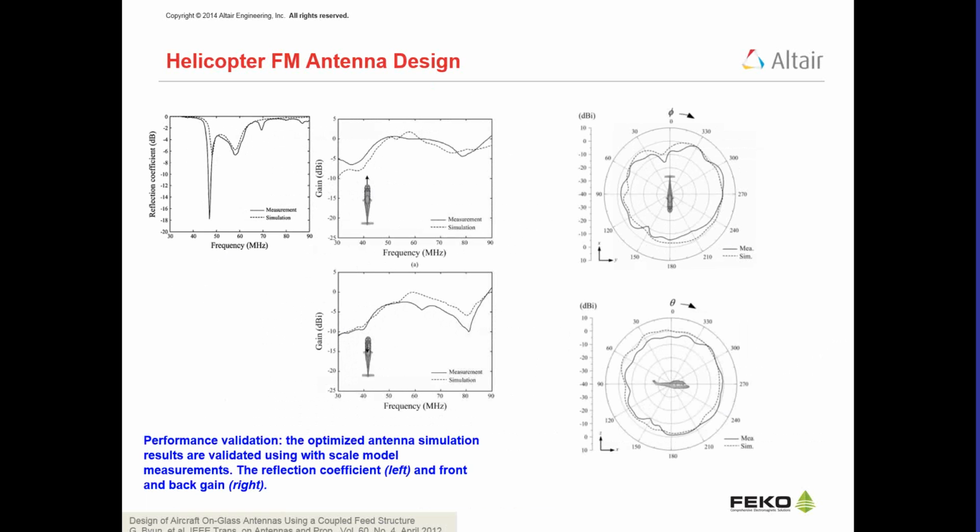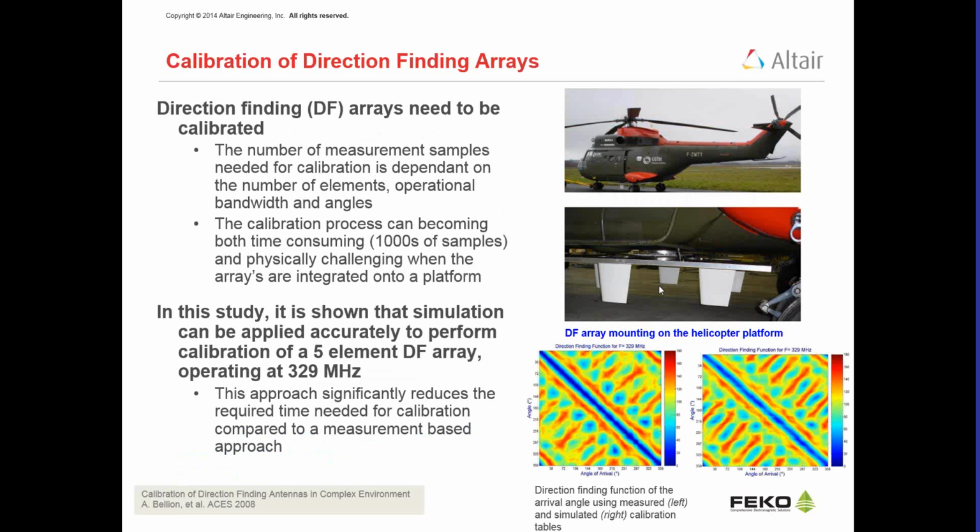The other one is calibration of direction finding arrays. Typically calibrations for the direction finding arrays are done. In this case, we have a helicopter with 5 antennas on the bottom. They're used for direction finding, that is, the angle of arrival of the signal that is coming from a particular direction. This is done normally for broadband frequencies using a technique called correlative vector direction finding, CVDF.